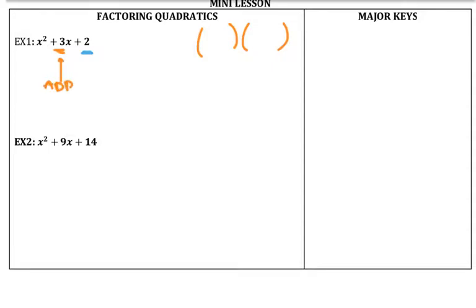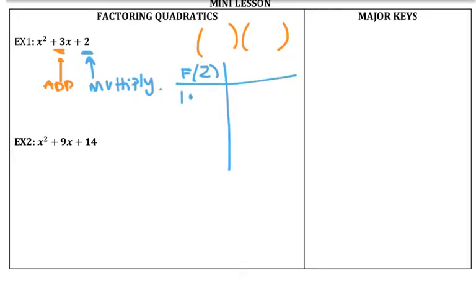And they should multiply to give us 2. So what two numbers are there? Let's think about factors of 2. When I say factors of 2, I'm asking myself which two numbers multiply to give me 2. 1 times 2.